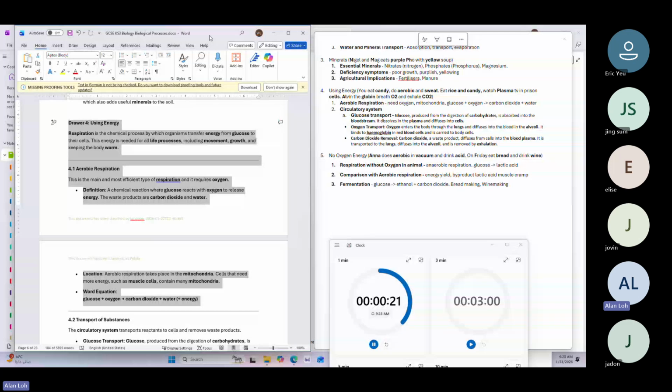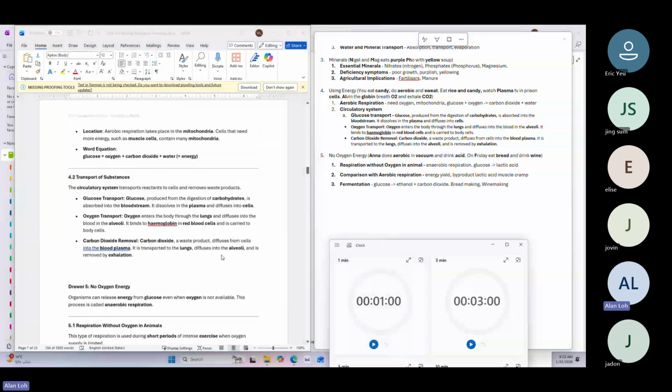Twenty seconds. Let's continue the second part of drawer 4. Okay, let's start now.